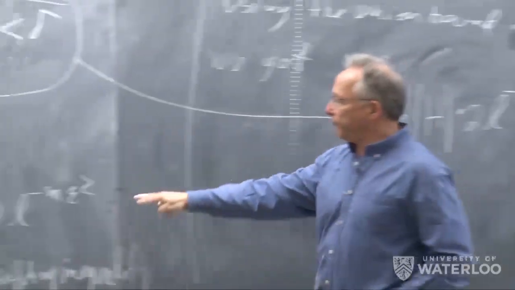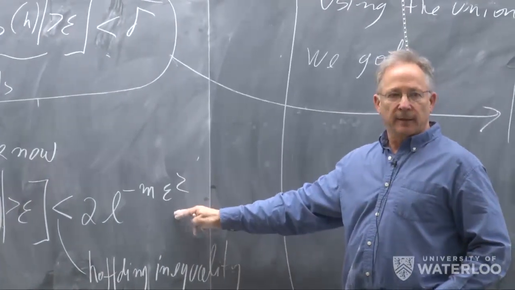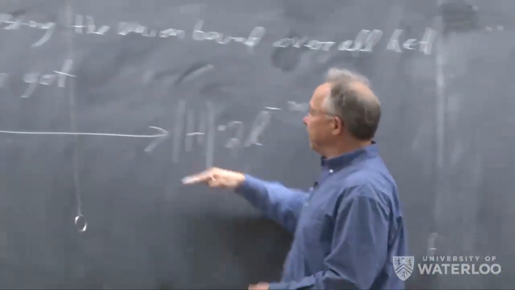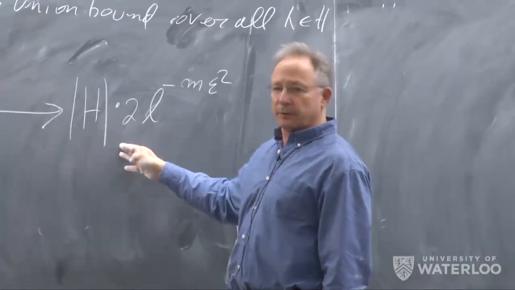The probability of failure for a given H is this. So the probability that for some H I will fail is bounded by the sum over all H's, which is the size of H.